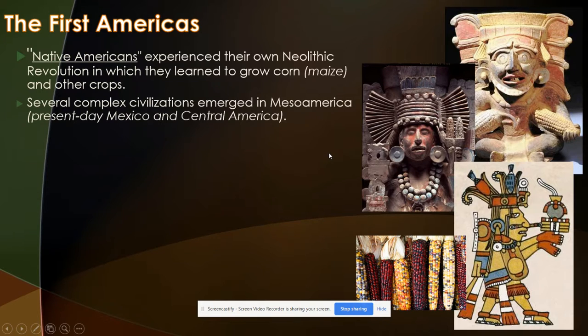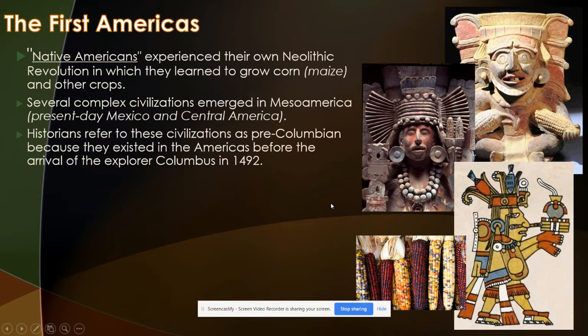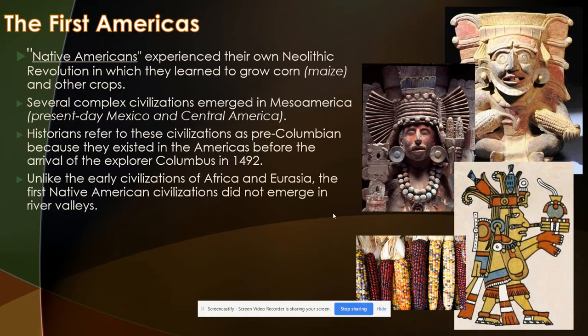Several complex civilizations emerged in Mesoamerica, which is Central America and Mexico. Historians refer to these civilizations as pre-Columbian because they existed in the Americas before the arrival of the explorer Columbus in 1492. Unlike early civilizations of Africa and Eurasia, the first Native American civilizations did not emerge in river valleys.